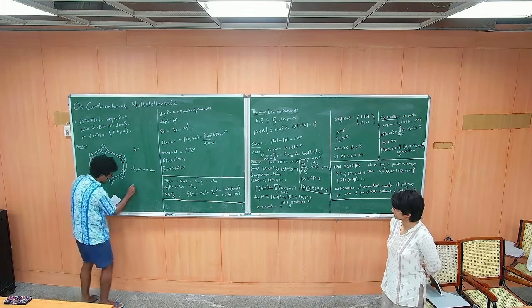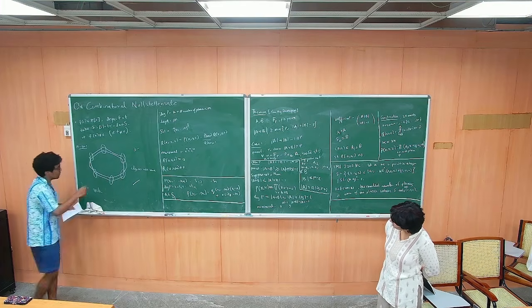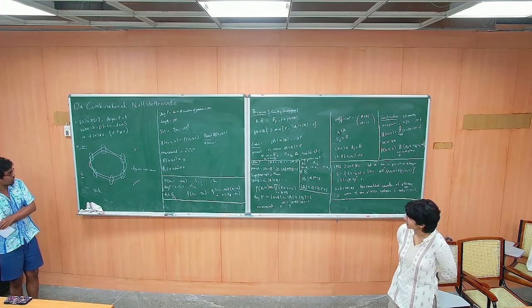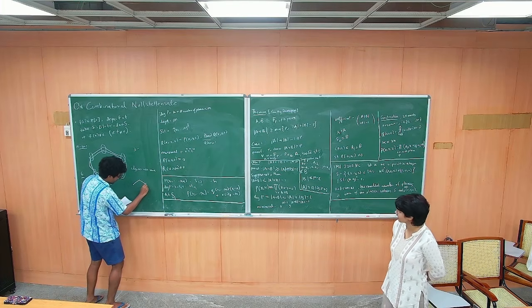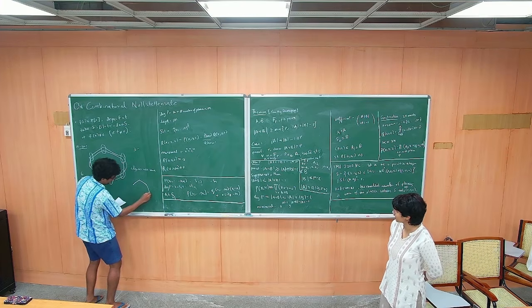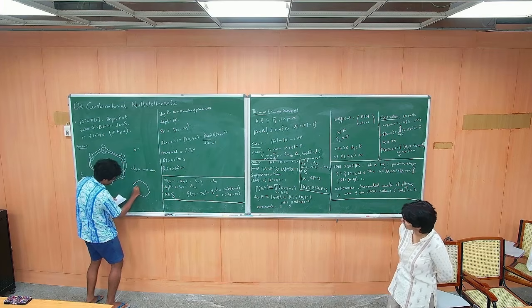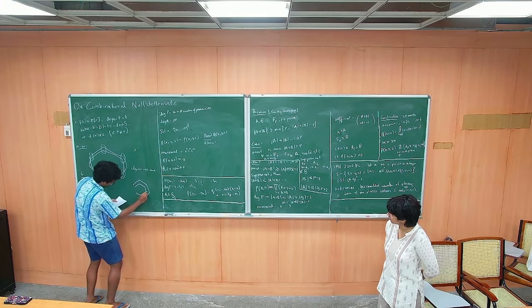But as you have an even n, you can observe it carefully. Suppose this is a 6-sided polygon, but your cycle is of size 12. So how will the cycle be? Suppose this is the first round, 1, 2, 3, 4, 5, 6, and then it goes to another round, 1, 2, 3, 4, 5, 6.